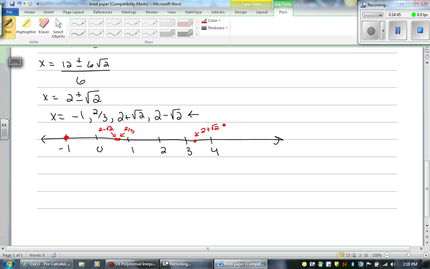So now what we have to do is go through and find those values and determine where it's positive and negative. The easiest way to do that would be to put in some values here. So if I were to put in f of -2, we would get 112. So I know that here we're positive. At f of 0, I wind up with -4. So I know I'm here.